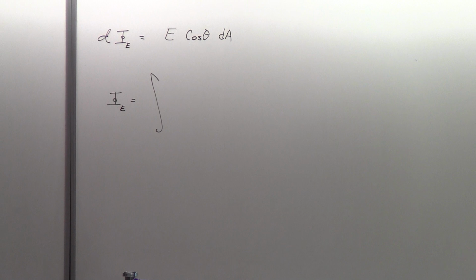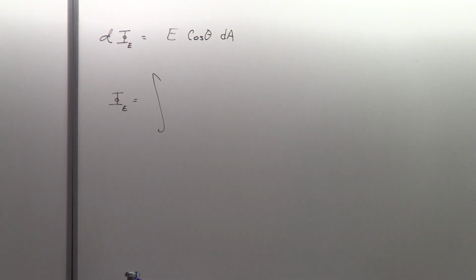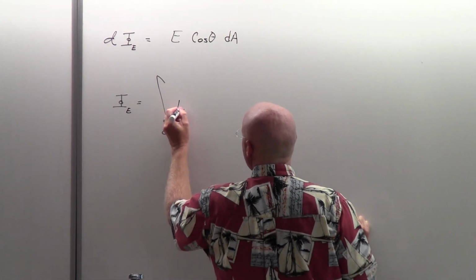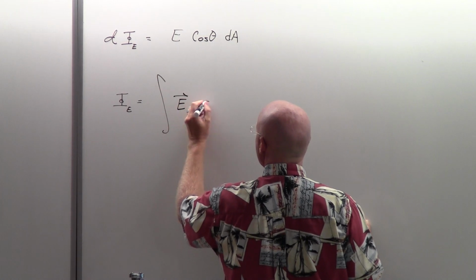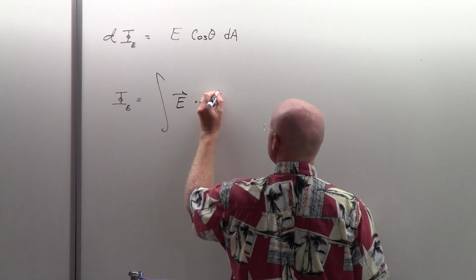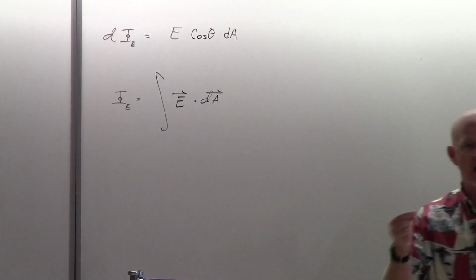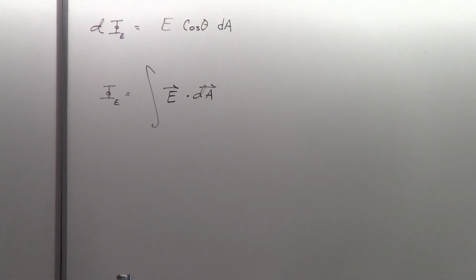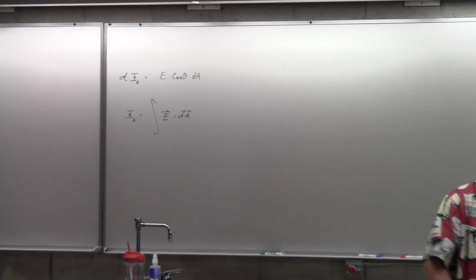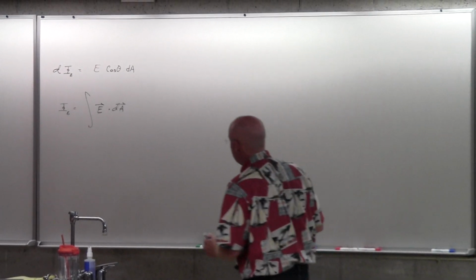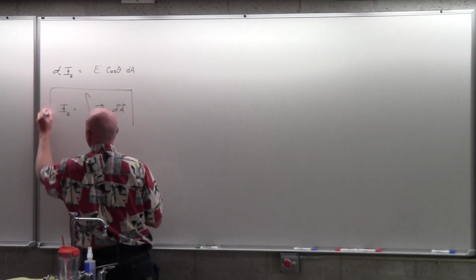All these little squares or rectangles would have to be added together, and then we would get the total flux. And since it depends on the angle, we might as well treat it like a dot product and write it in this form.